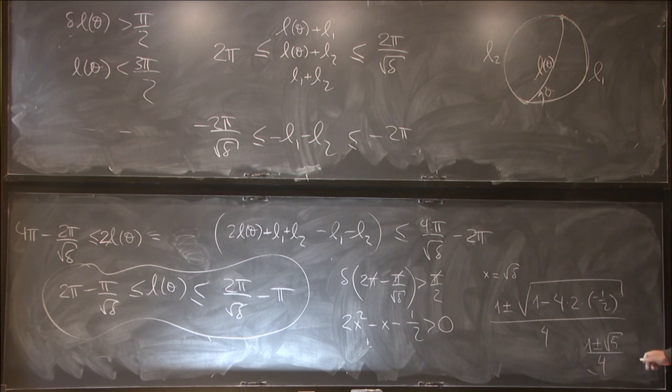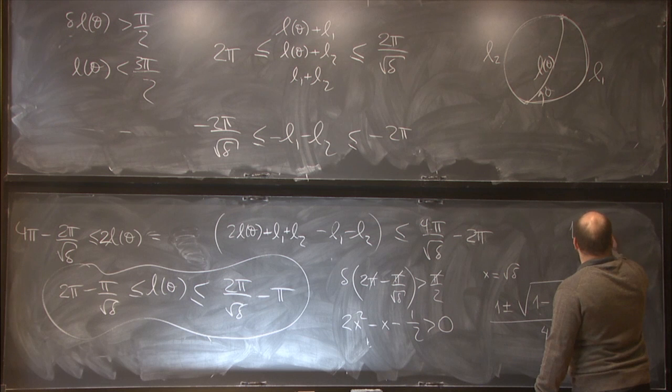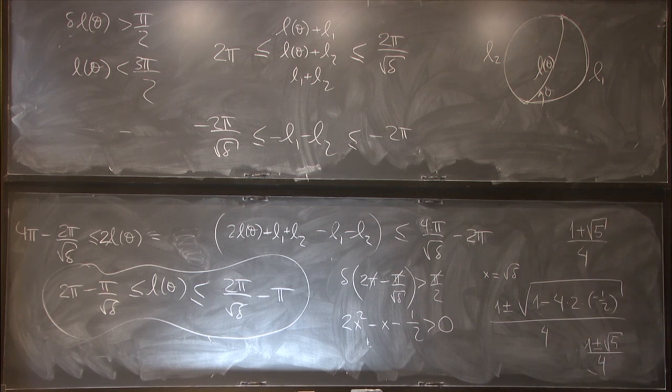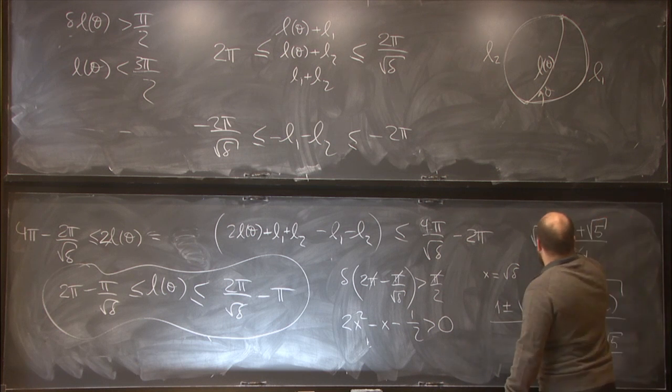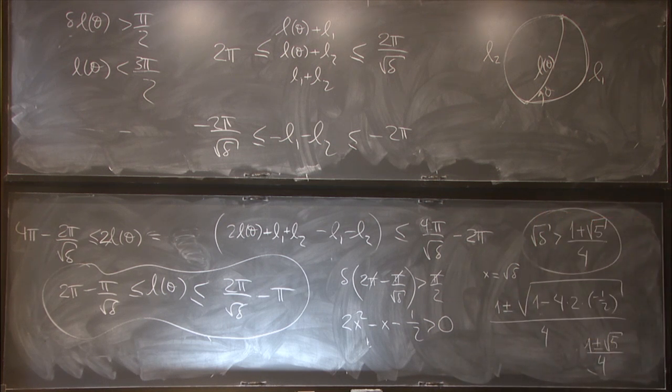So luckily for us, there is a positive root, and this positive root is less than 1, right? The positive root is 1 plus square root of 5 divided by 4. So as long as square root of delta is bigger than this, we get the monotonicity assumption.